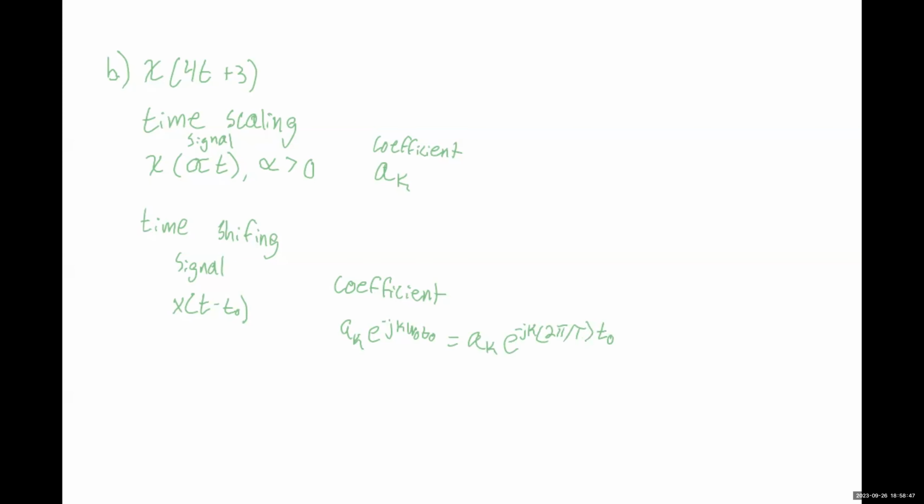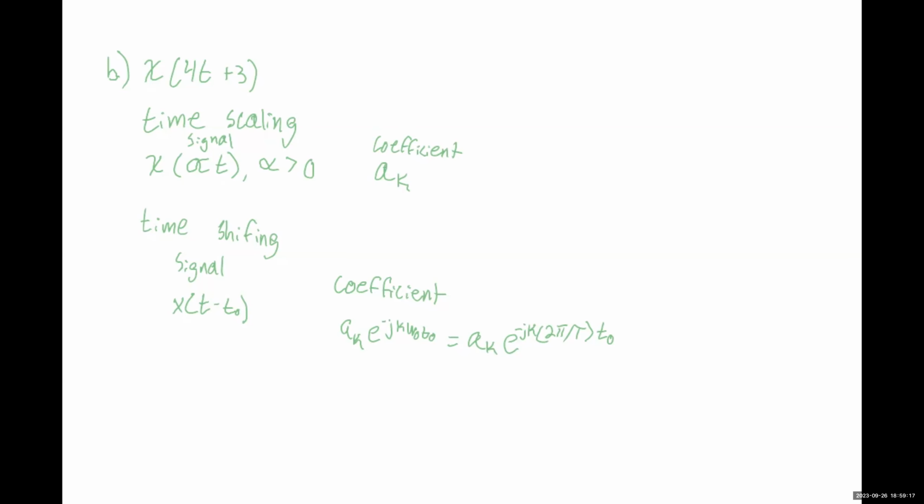So we can see that with the time scaling, our coefficient is actually going to remain the same. We're just going to get A of K out. So we don't have to consider the time scaling. We only have to consider the time shifting.